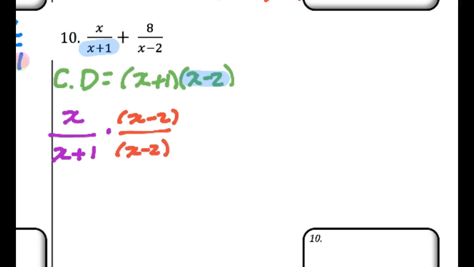The middle sign is plus. Now if we look over here, this x minus 2 is missing the x plus 1. So the 8 over x minus 2 is going to be multiplied, top and bottom, by x plus 1.